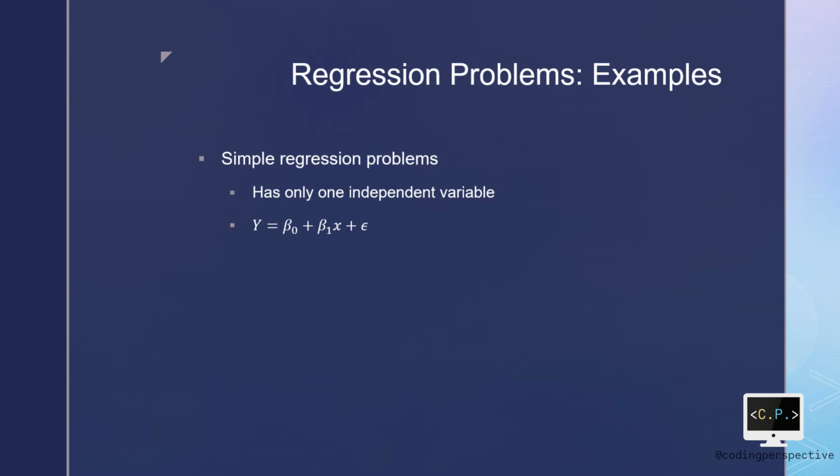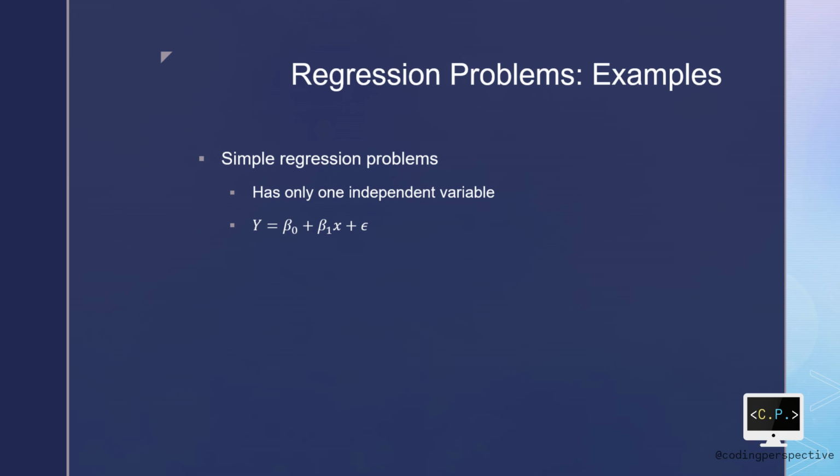We can give an example for the simple regression problems. Simple regression problems are problems where you have only one independent variable for predicting the dependent y variable. So the formula for this task is y equals beta 0 plus beta 1 x plus epsilon. Note that the term epsilon is the error term. There are many assumptions behind this relation.